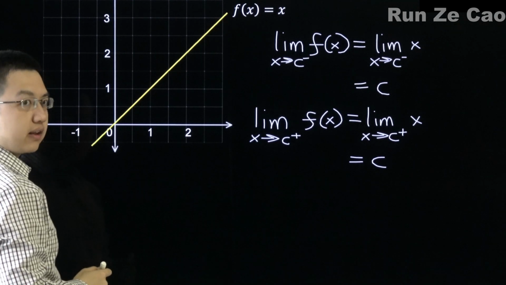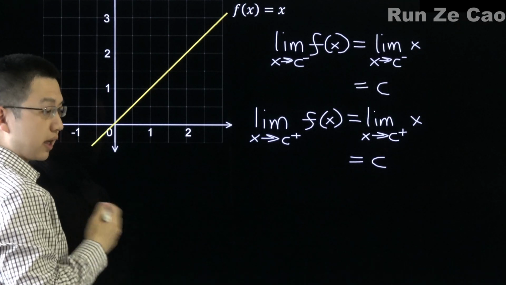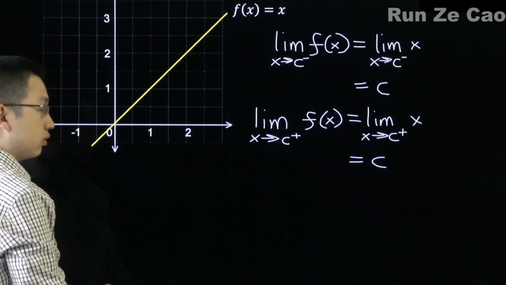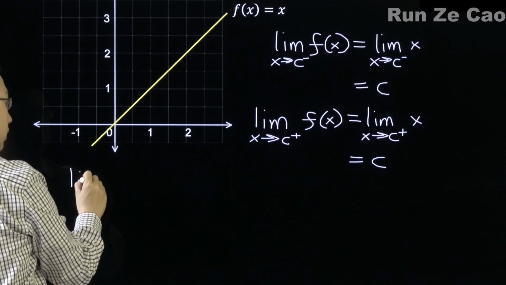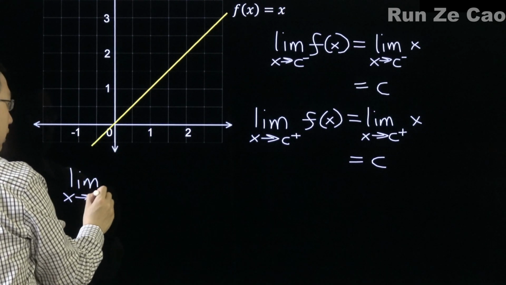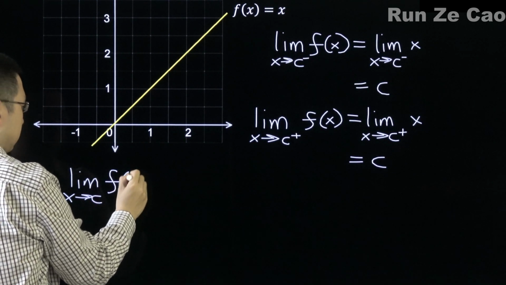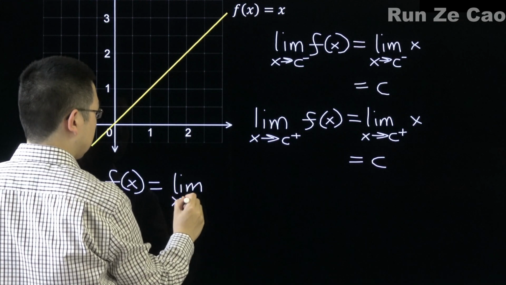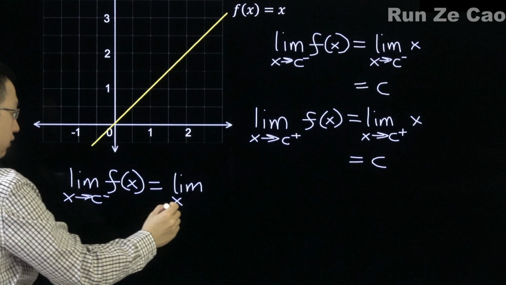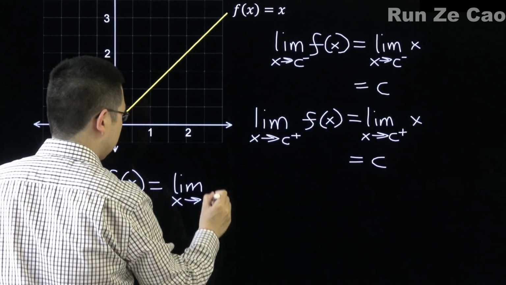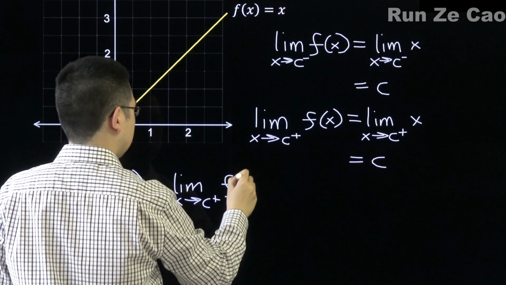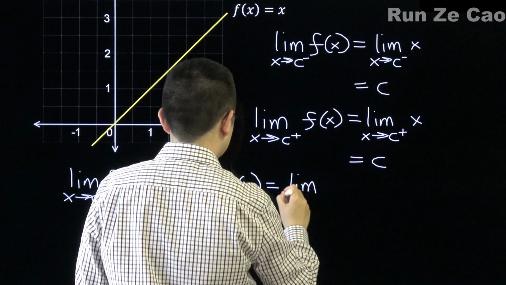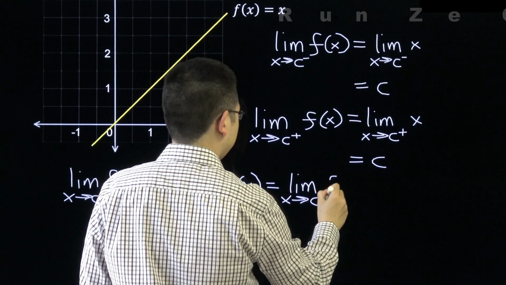This is generally taken as an identity, which means that you don't actually have to prove it. But in essence, the demonstration for why it's true boils down to something like this. So we end up with the limit as x approaches c of f of x is equal to the limit, well, actually we should put negative and then approaches from the positive, and then equals the limit overall as x approaches c of f of x.